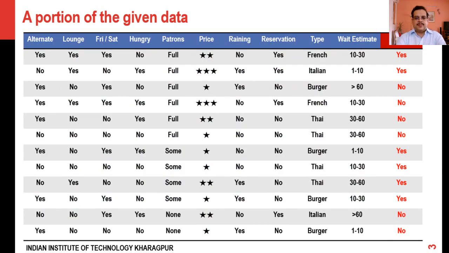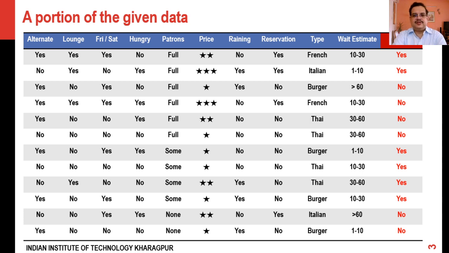Now, in the automated way of learning decision trees, the input is data. So someone has collected this data from various restaurants, and from those restaurants they have found out that for different situations, different people take a yes decision or a no decision.